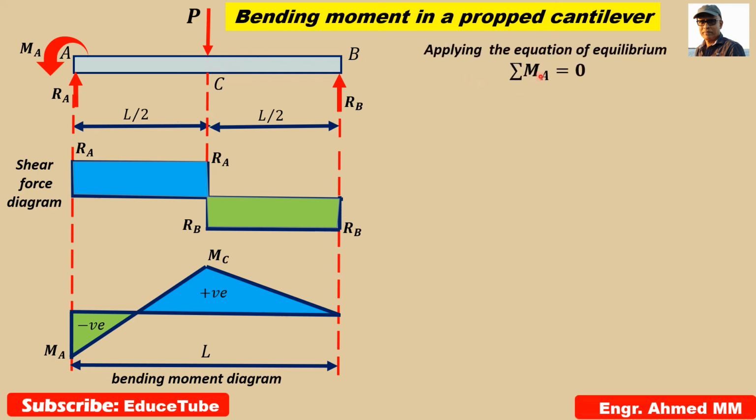So we are now applying the equation of equilibrium, summation of MA equal to 0. So already we got this equation before: MA plus RBL minus PL by 2 equal to 0. From this free body diagram we can do that.